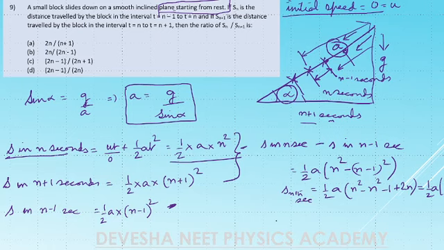Similarly, the distance traveled in the n plus 1th second. What is that? We are talking about this distance, which is equal to the total distance traveled from here to here minus the distance traveled from here to here. So we'll basically take the difference of these two.